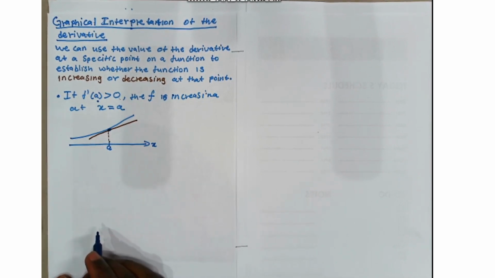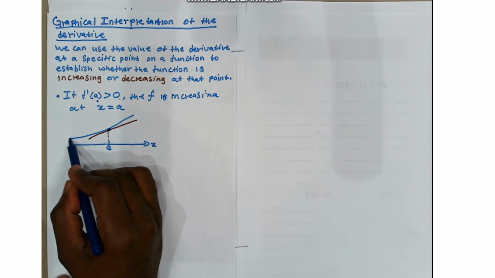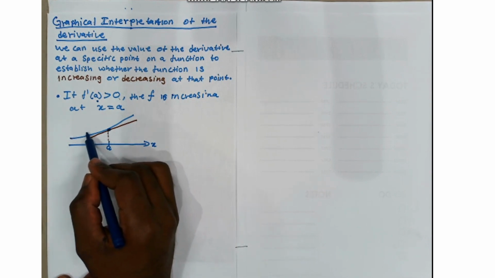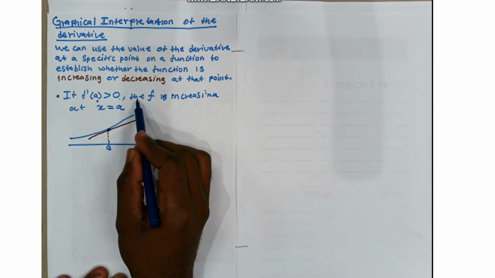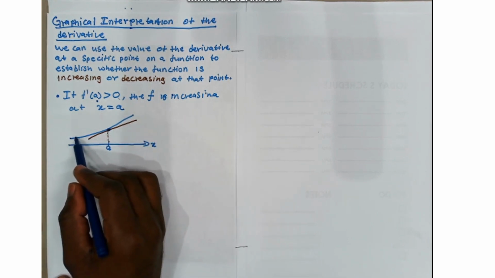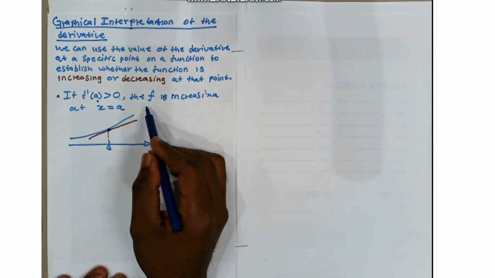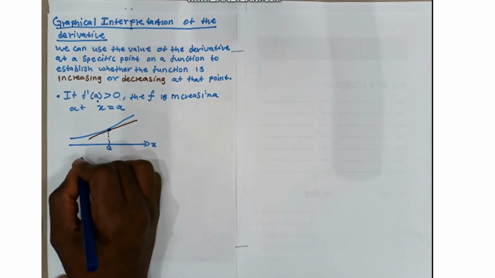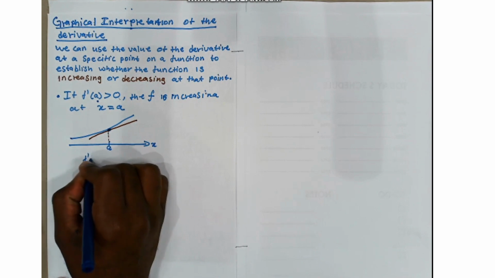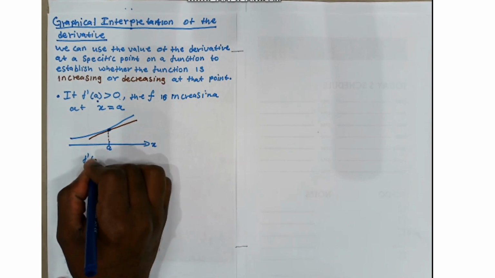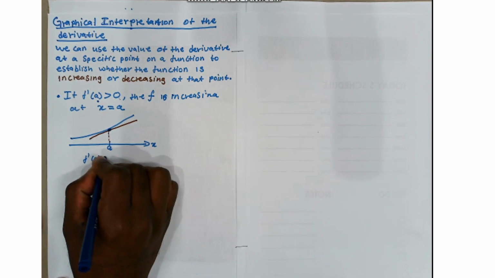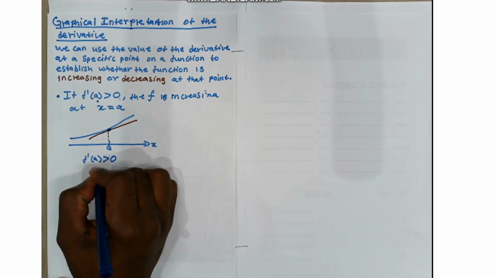Looking at your graph from this point, going up, going up, going up, your function is increasing, meaning your f prime of a is greater than 0.